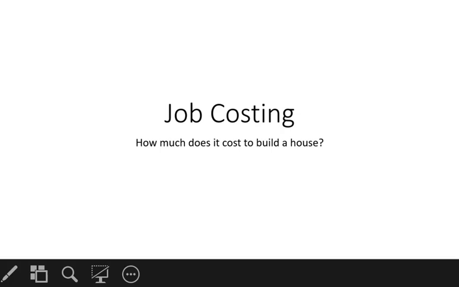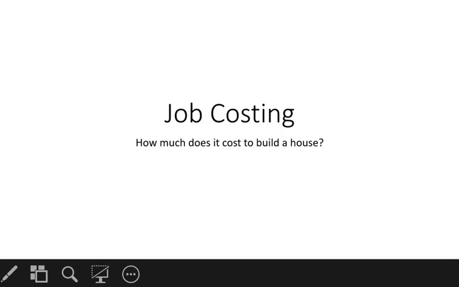And remember from our discussion in Accounting 160, we talked about various cost definitions. We talked about direct costs versus indirect costs. We talked about raw materials, direct materials. We talked about overhead. We talked about work in process.